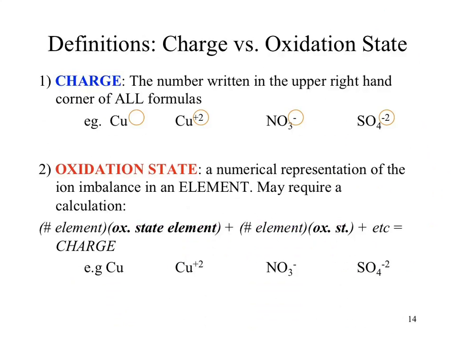The next part of it is looking at the oxidation state. So to determine the oxidation state, that's where we'd end up using this formula. Unfortunately, it jumped lines. We look at the number of an element within an individual formula times its oxidation state, plus the number of the next element times its oxidation state. And we add all of those terms up, and what we get is the charge. So let's take a look at our first molecule. Okay, how many of those elements are there? 1.